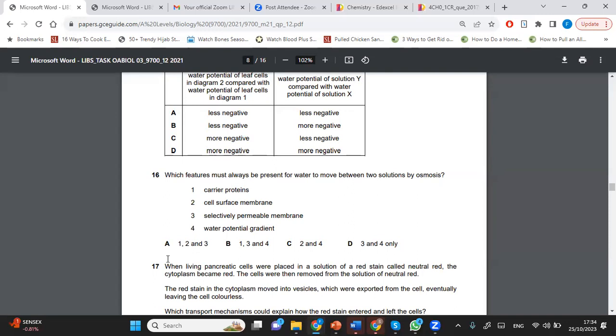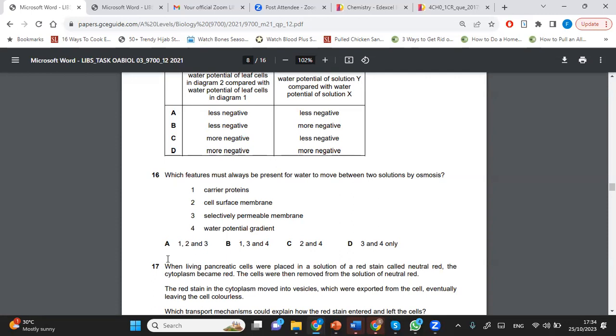What's the definition of osmosis? Does anybody remember? The net movement of free water molecules from high water potential to low water potential, down the gradient, through a partially permeable membrane. Yes, through a partially permeable membrane.